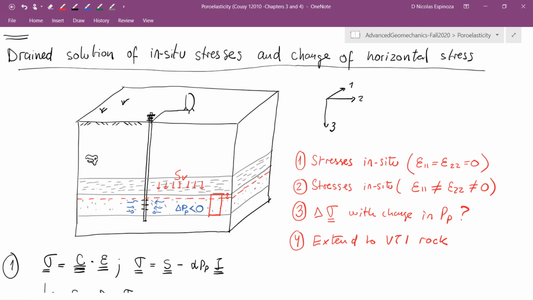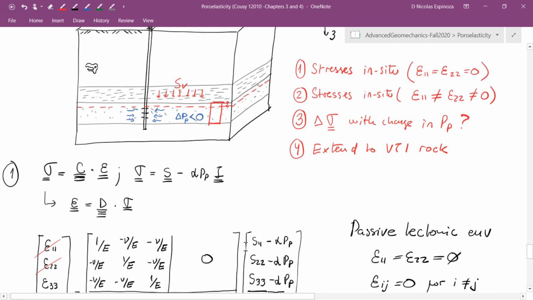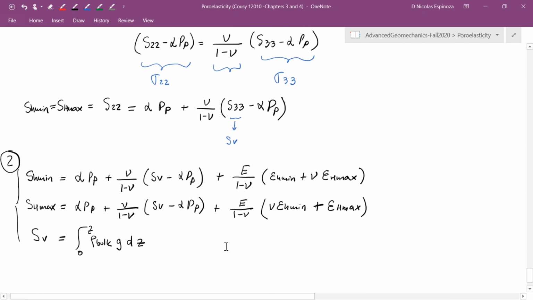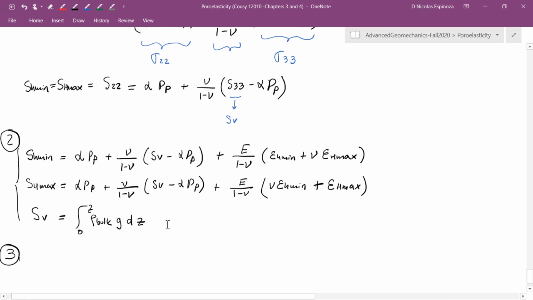Okay, so in order to do that, I'm going to use the equations that I found before, particularly this one, and this is going to be the solution to my question number 3, in which S22, or the horizontal stress, and let's keep it now for the case of the tectonically passive environment, just to make it easier, but it's going to be the same with the other one, is going to be equal to this equation that we see over here.